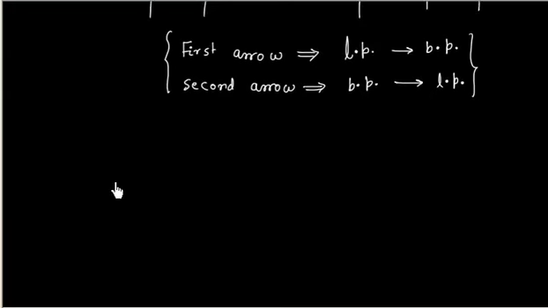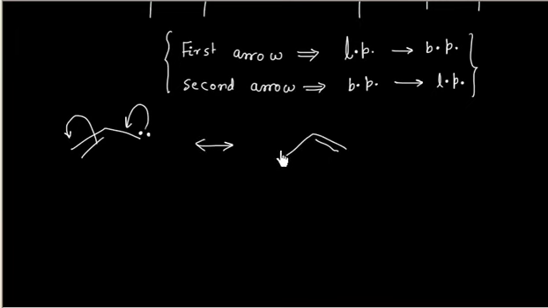Let us do some exercises. If I have this same case, we can write the resonating structure. This pattern is a lone pair adjacent to a double bond. So this goes here, this bond goes here. So we will have this as the resonating structure.